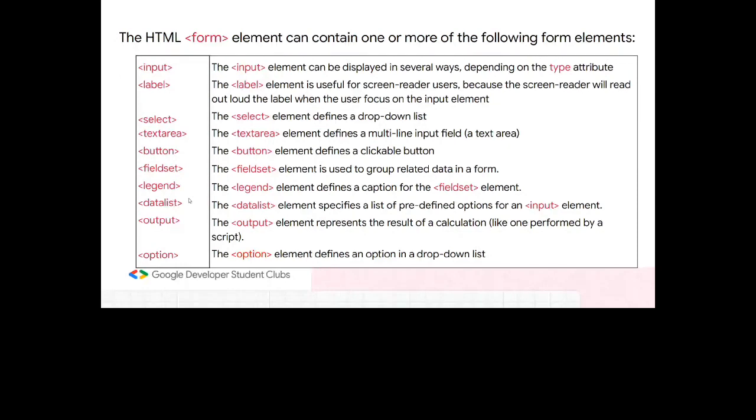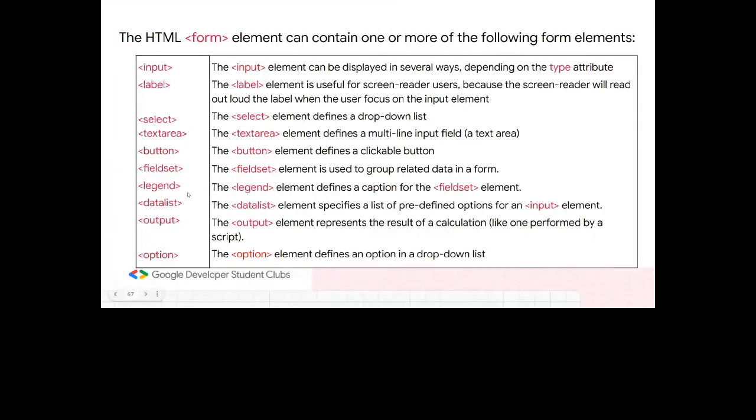Fieldset is just like a form that contains different fields that belong to a particular group, and you can club those fields into one group, and you can even give a legend to it. We'll discuss this with an example, then you'll get to know more about it. So don't worry about that.